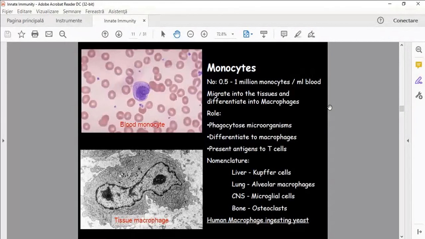These receptors are expressed also on phagocytic cells and are able to recognize this particular sequence of amino acids, which can be seen in some pathogen-associated molecular patterns.